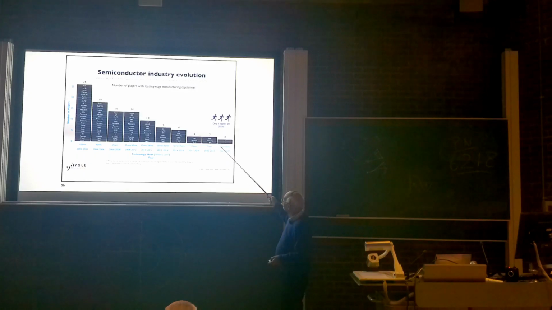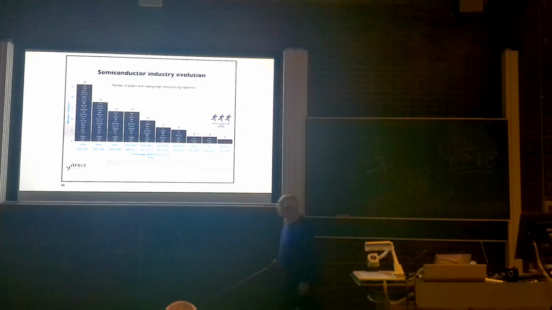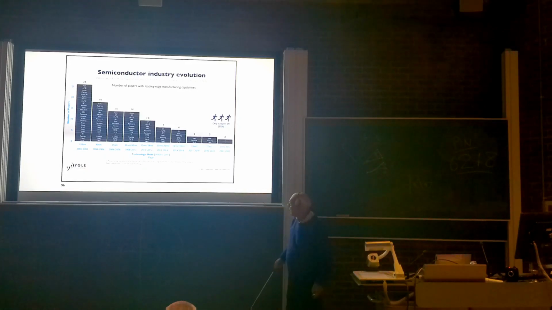And when you get down below 5 to 3 nanometers, there are only 2 players. One is TSMC, which is in Taiwan, and the other one is Samsung, which is in South Korea. Everybody else is behind. The Russians, their fabs are still only in the 65 region.